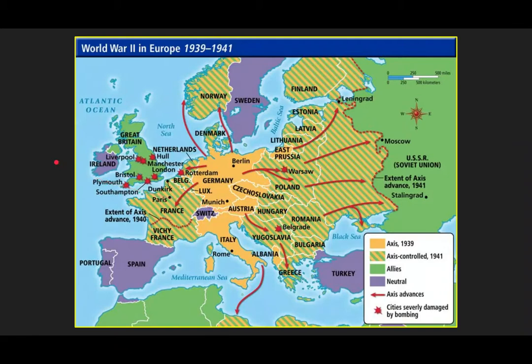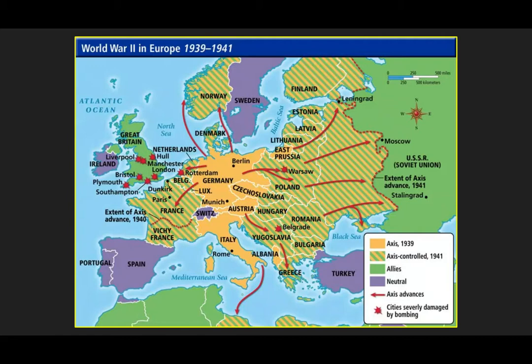And if we take a look here at what's been going on in Europe between 1939 and 1941, again, this is the height of Axis power around the world. Those opening years of the war were the years in which Germany and Italy in Europe really expanded their power, were really able to catch a lot of countries off guard, and topple a lot of them.